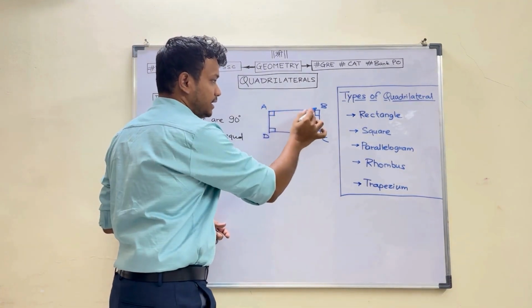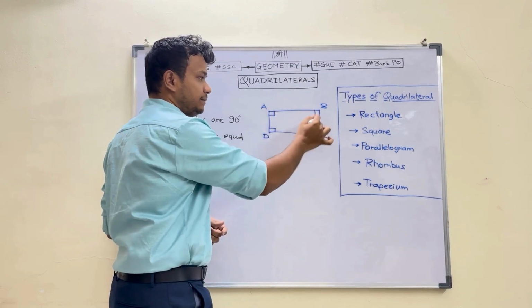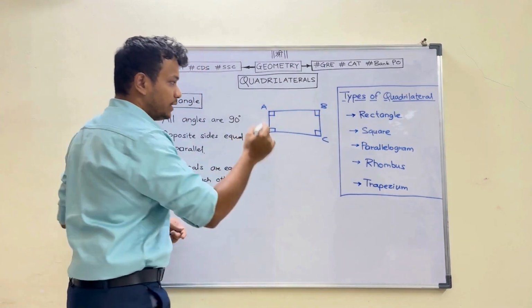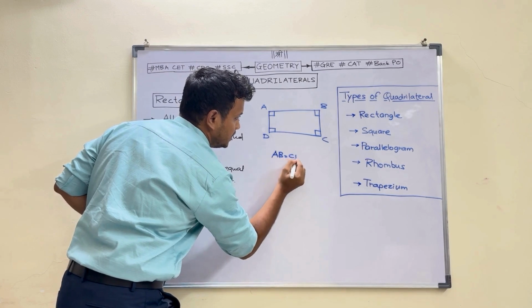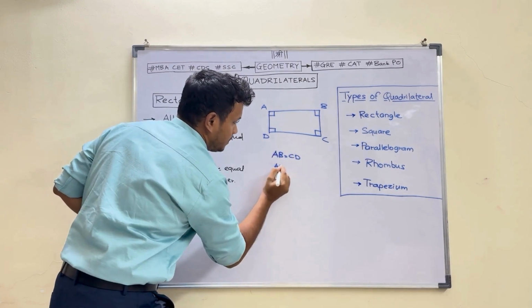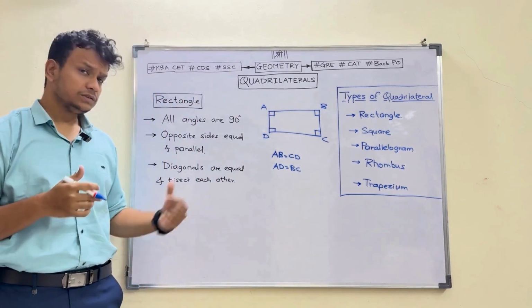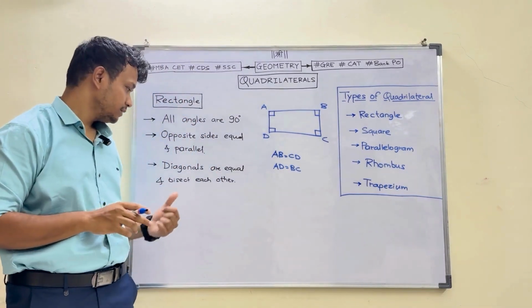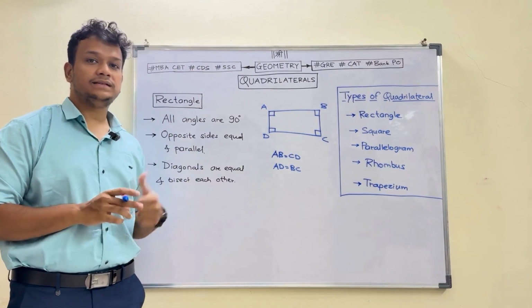So sides AB and CD should be parallel, and sides AD and BC should be parallel and equal. According to the second property, I can write here AB is equal to CD and AD is equal to BC. So let's move to the third property. The third property tells us diagonals are equal and they bisect each other.